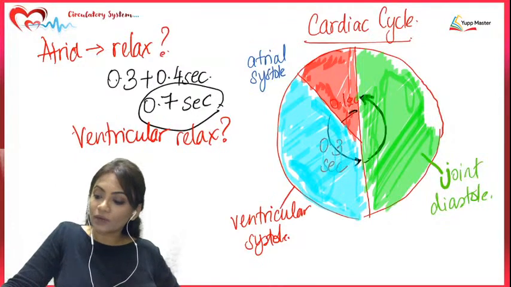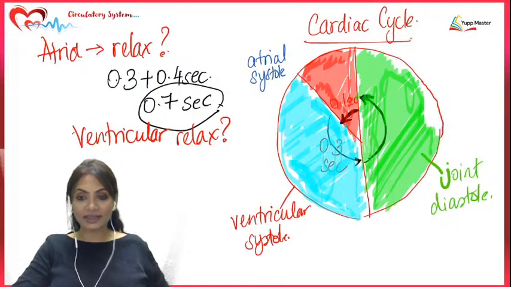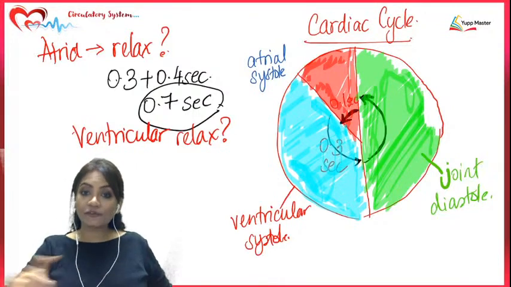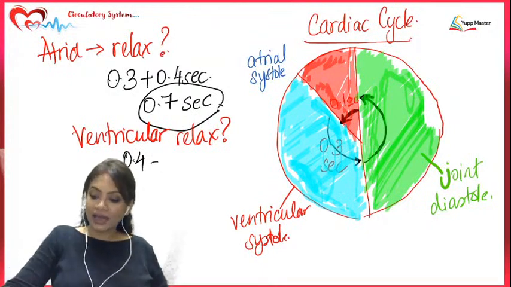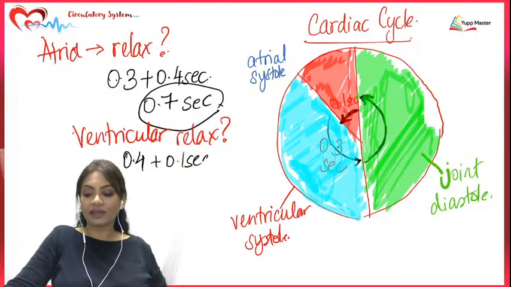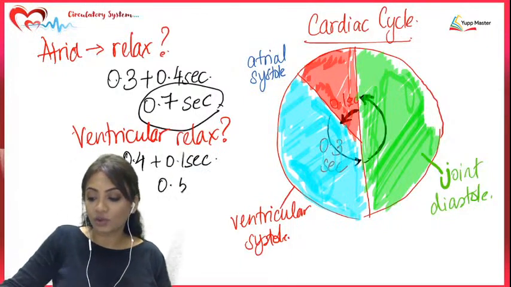So even throughout this 0.1 seconds, the ventricles will be relaxing. So ventricles are relaxing for 0.4 seconds of joint diastole and 0.1 second of atrial systole. So ventricles relax for a total of 0.5 seconds.